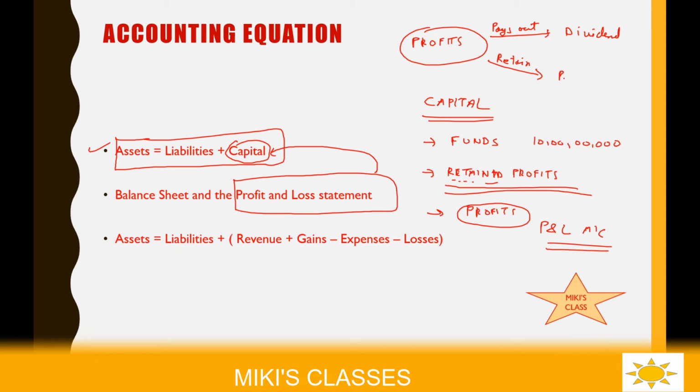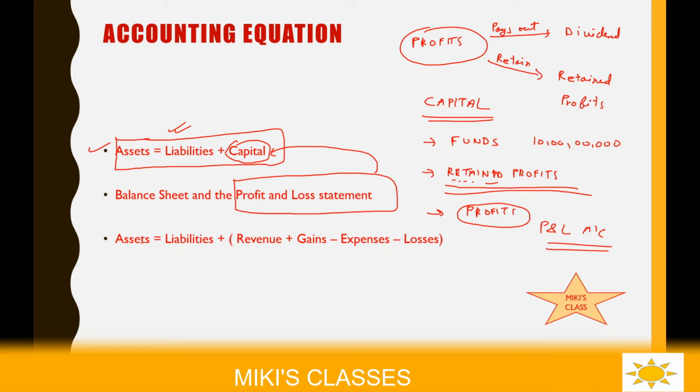Retain the money. This is called as retained profits. Fine. So this capital basically consists of all of these components. There are other components too, which is again an advanced topic, which I do not have to discuss here. Okay, now balance sheet and profit and loss statement, you'll have to know to understand this accounting equation.